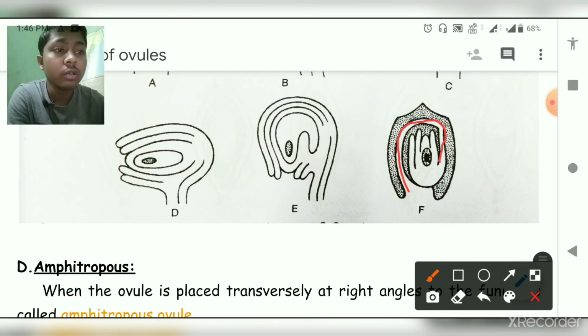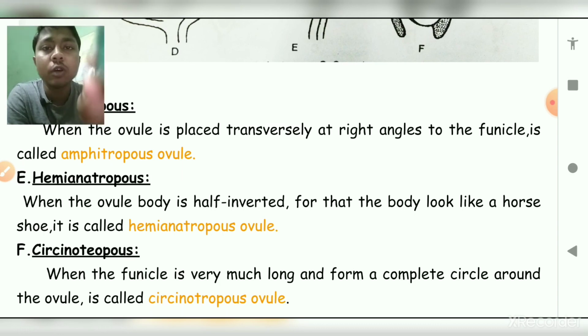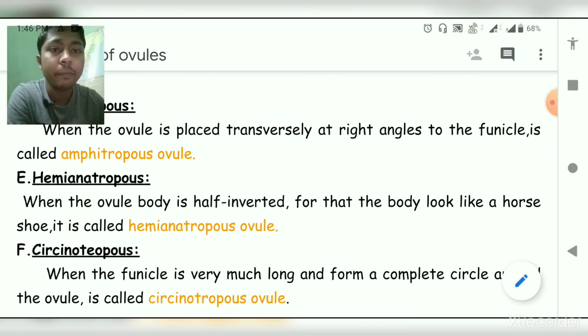Okay, I hope this is clear to you, and now we discuss on the basis of the statement. Sarcinotropous, basically when the funicle is much longer and forms a complete circle around the ovule.